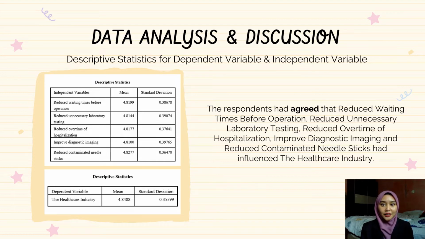The respondents agreed that reduced waiting times before operation, reduced unnecessary laboratory testing, reduced overtime of hospitalization, improved diagnostic imaging, and reduced contaminated needle sticks had influenced the healthcare industry.